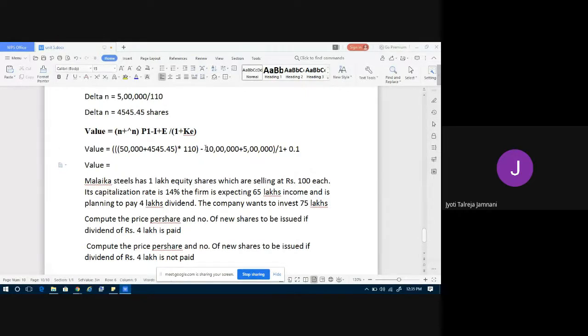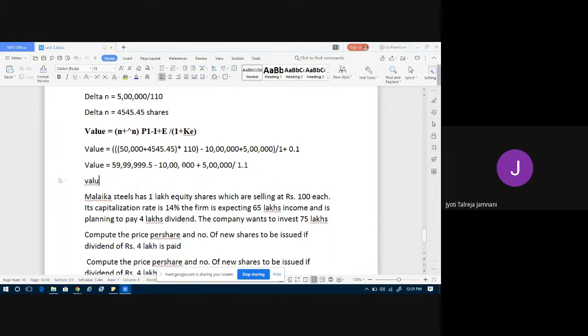So it will be 54,545.45 shares into 110. How much do you get? 59,99,999.5 minus 10 lakh plus 5 lakh, divided by 1.1.